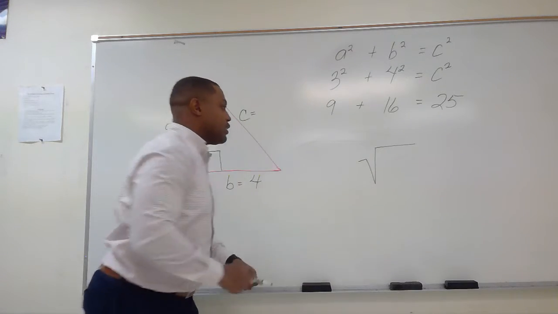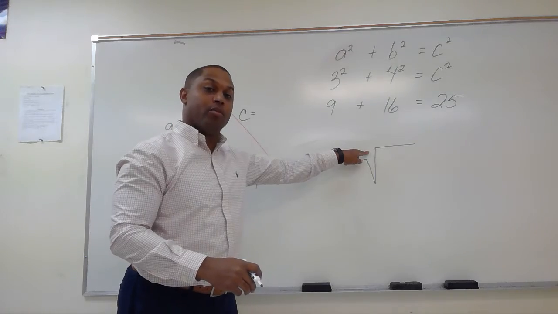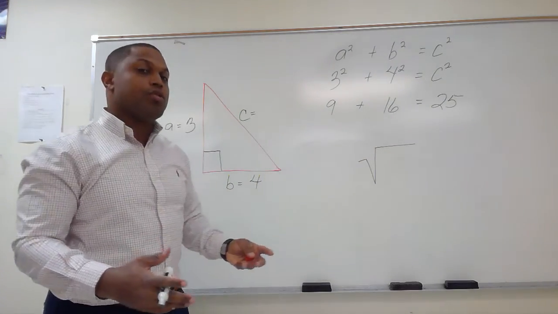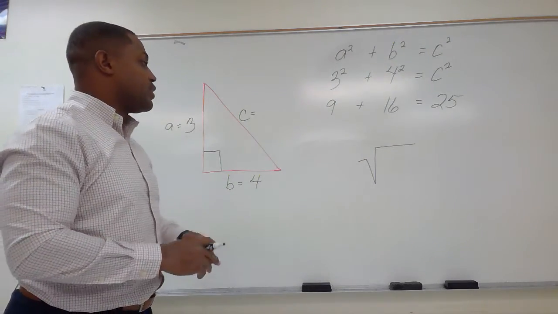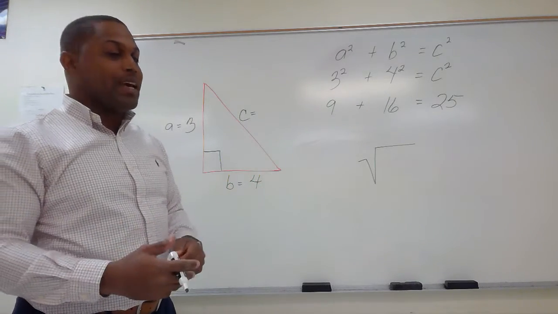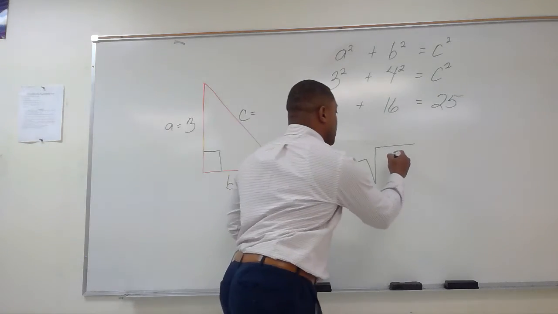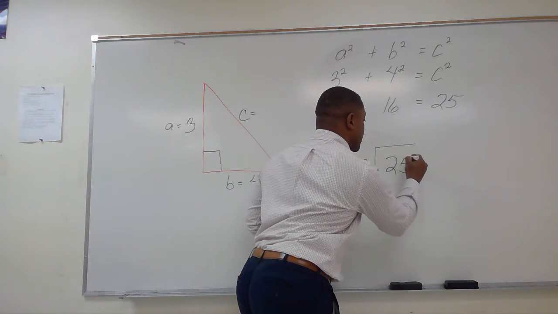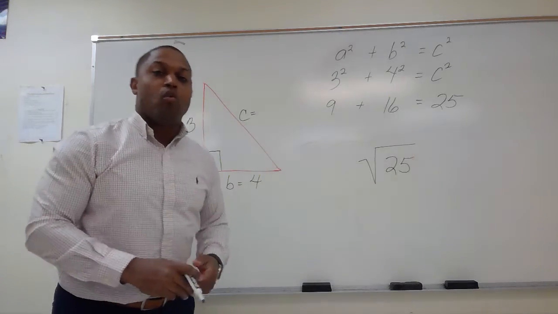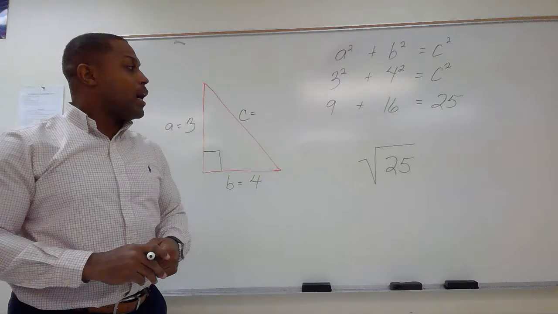When we see this symbol here, especially when there's no number here, that means it's a 2. So what's being asked of us is, what number out there times its own self will give me the number in here? So let's put that 25 back. So the question is, what number times its own self will give me 25?